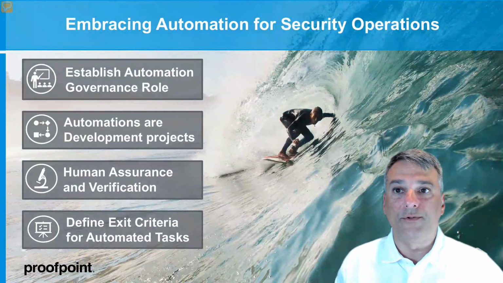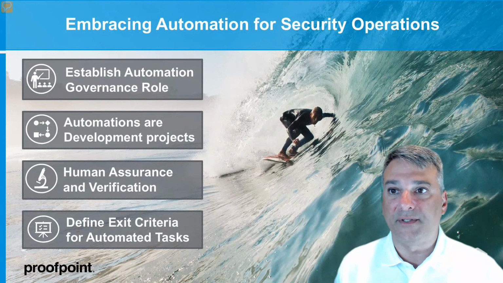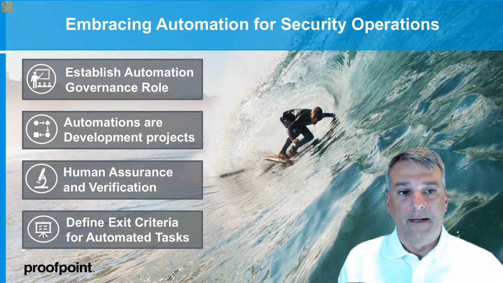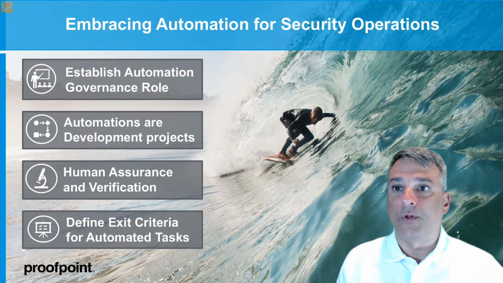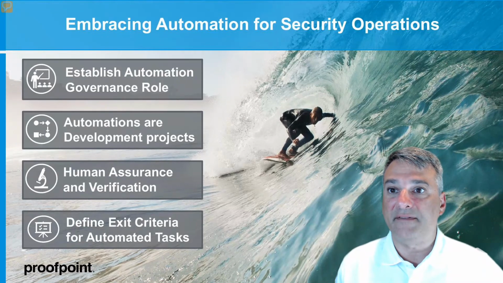So once we have all that prep work done, now how do we embrace automation? Well, now let's talk about some specific tactics when we're implementing automation. The biggest thing I like to talk about is defining an automation governance role, or an RPA authority. This is an explicit role within your SOC that's responsible for automation security and automation safety.